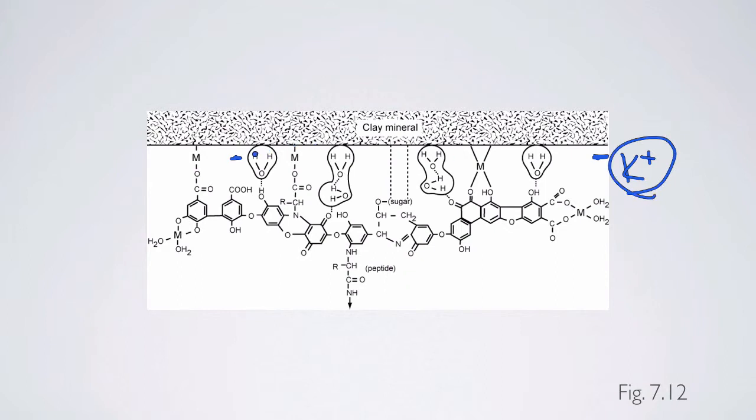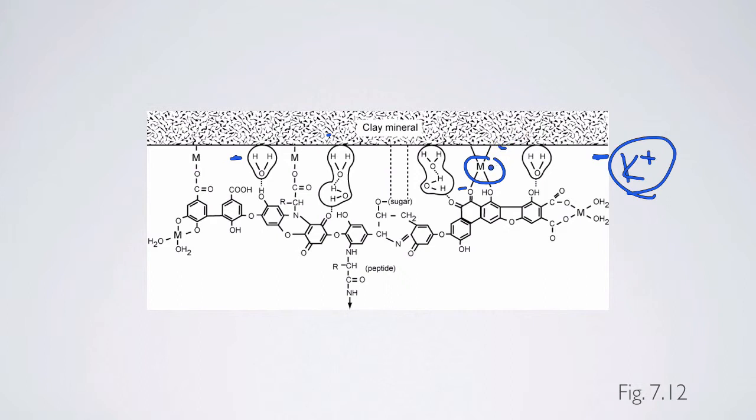So we can have here the H groups, or the OH groups, being attracted to clay minerals, and that's what's circled here. In addition, you can have cations such as potassium that serve as a bridge between the negative aspects of soil organic matter. So when you have a slight negative charge around an oxygen, you can have a cation bridge, so potassium for example, that sits in the middle and bridges negative charges.